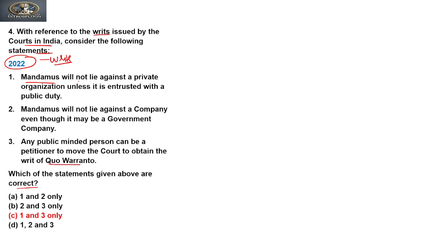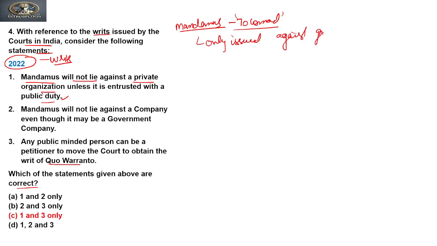It says mandamus will not lie against a private organization unless it is entrusted with a public duty. Yes. So out of the five, here we need to discuss mandamus. The literal meaning of mandamus is to command, to give an order, to ask someone to do something. It is only issued against a government or a public nature office.